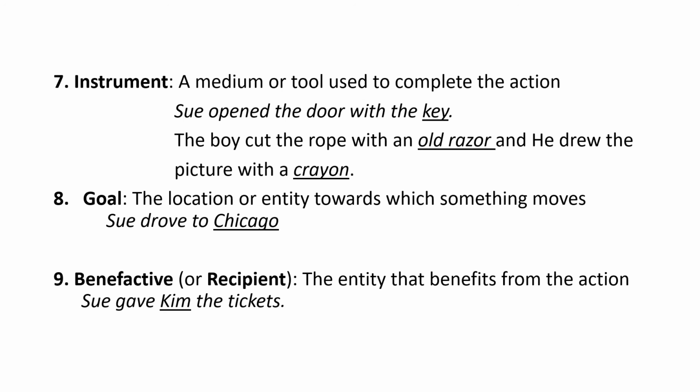Next there is the benefactor or recipient. It seems like an object or patient. It is the entity that benefits from the action. Here we can say not any entity that got affected by the subject, but who got benefits, in a positive sense. Like Sue gave Kim the tickets.